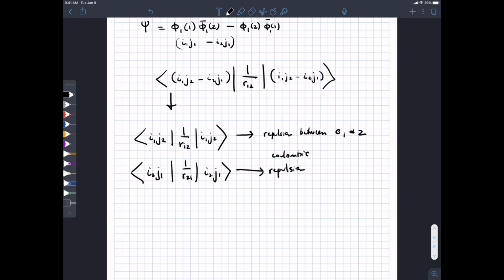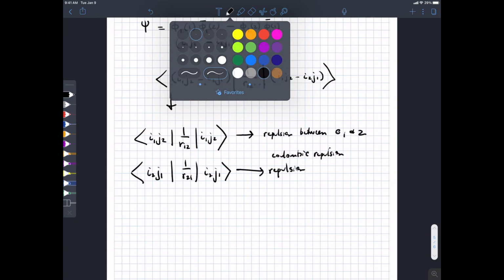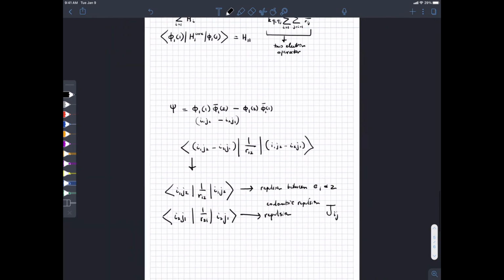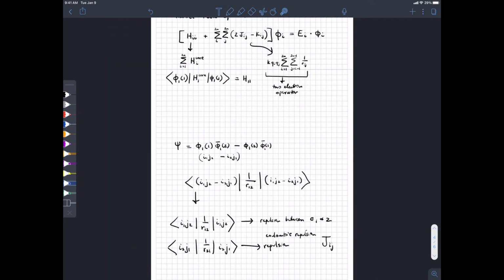And we're going to represent this as the letter J with a subscript I and J. So that's in our Hartree-Fock equation, that's where the J comes from. The 2 comes from the fact that you've got 2 different spatial orbitals here, and each can have 2 electrons. So there's actually 2 repulsion terms per spatial orbital.